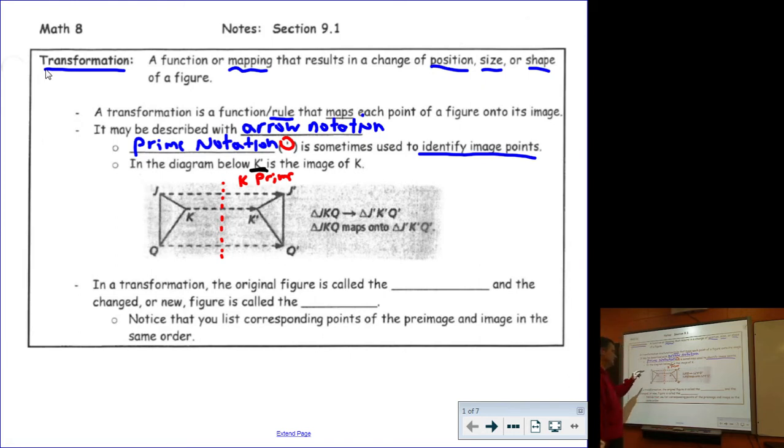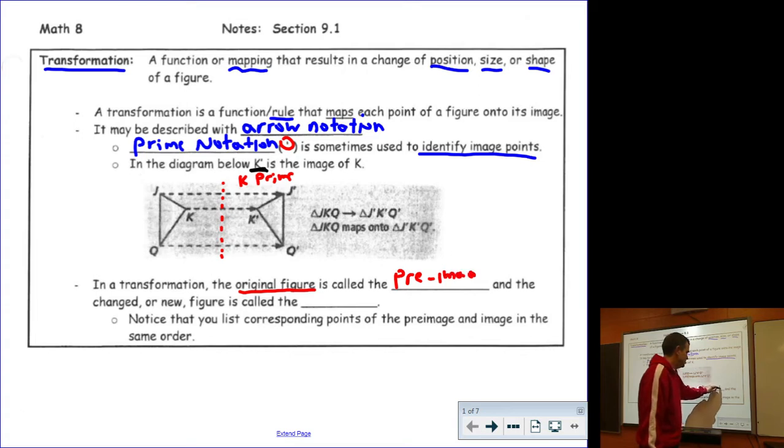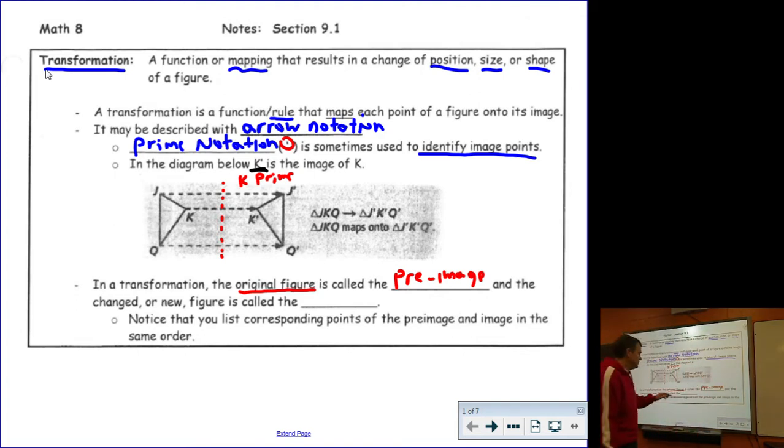So in this transformation, the original figure is called the pre-image. When we want to refer to the original figure, we call it the pre-image. And the changed or new figure is called the image. And a few things to notice here.